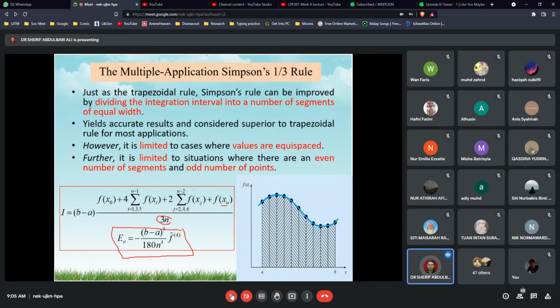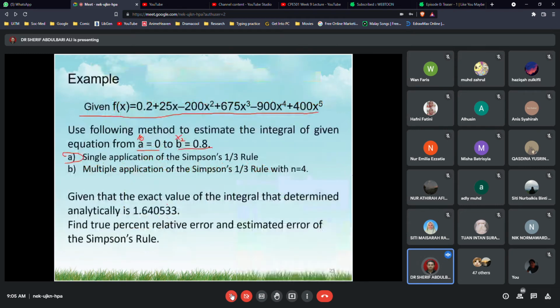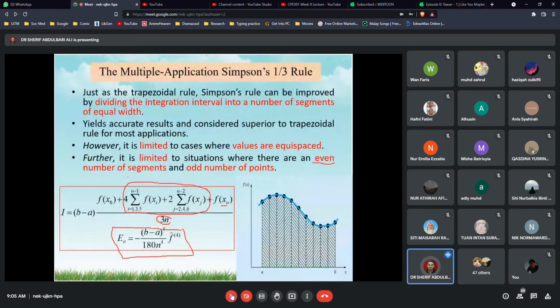The most tricky part now is how you find the odd points and even points. Let's see it from the example. The example asks to use the multiple application of Simpson 1/3 rule with n equal to 4. Remember that we need an even number of segments.